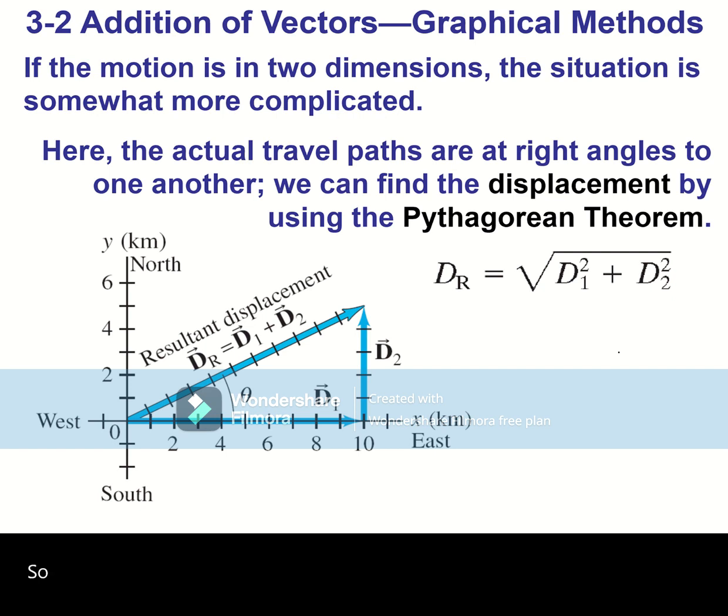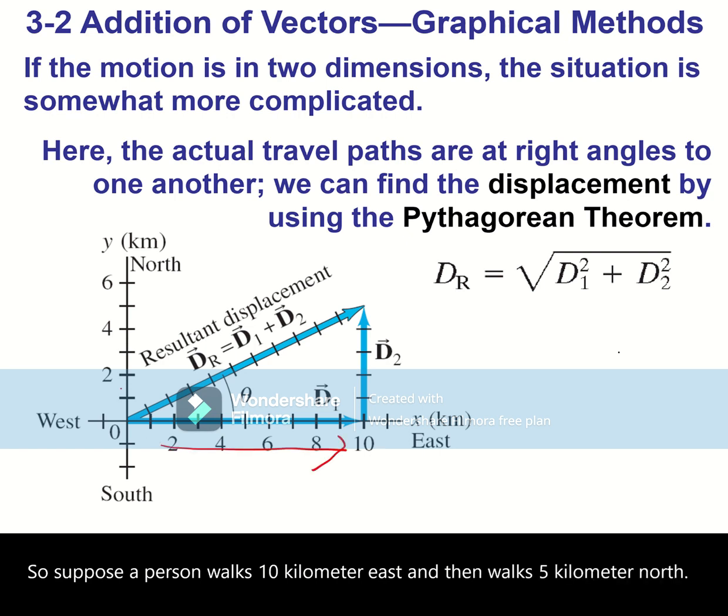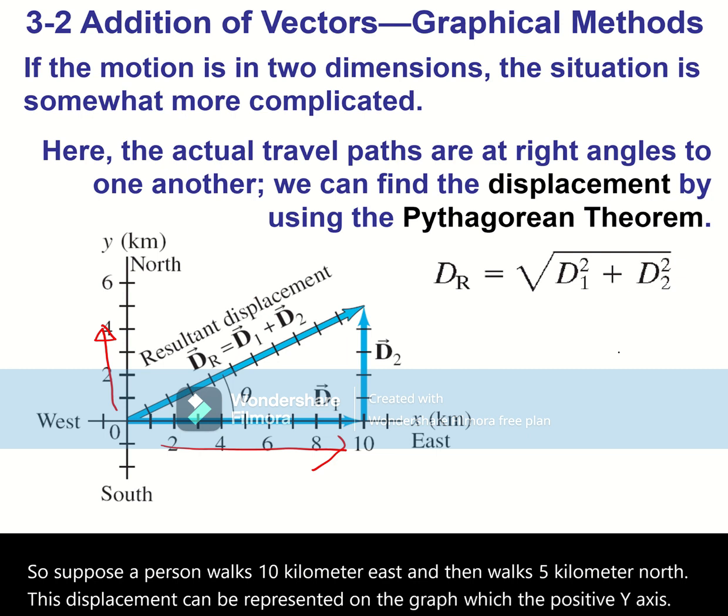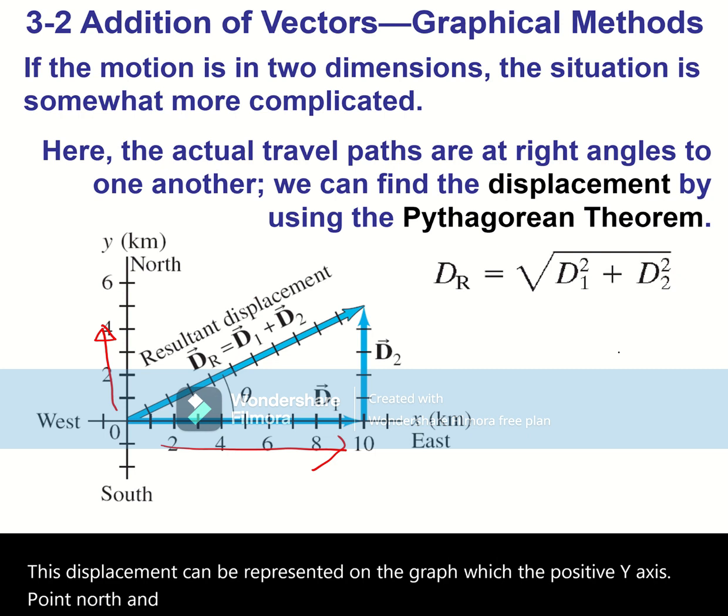Suppose a person walks 10 kilometers east and then walks 5 kilometers north. These displacements can be represented on a graph in which the positive y-axis points north and the positive x-axis points east, as described in this figure.